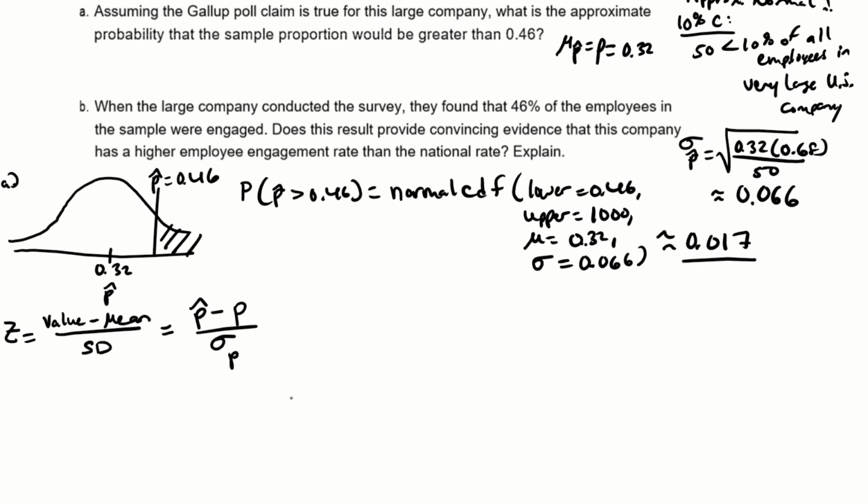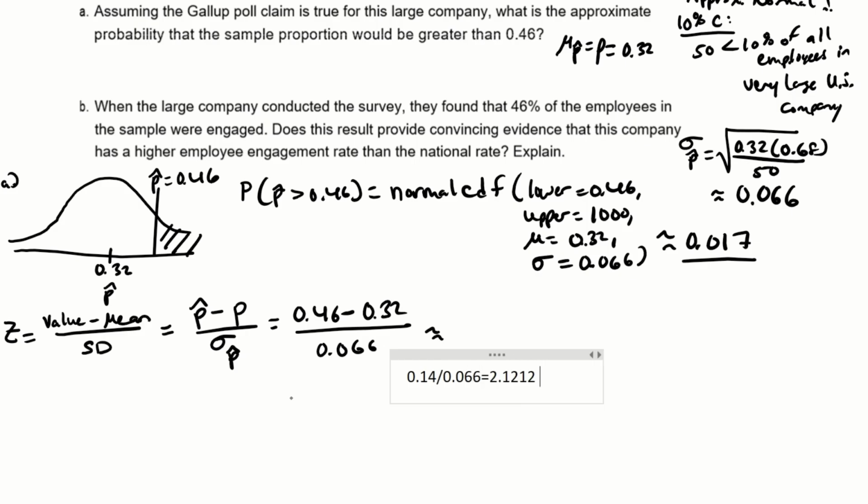So our p hat is 0.46 minus our p, 0.32, over the standard deviation 0.066. That's 0.14 divided by that, so about 2.12 is our z-score.